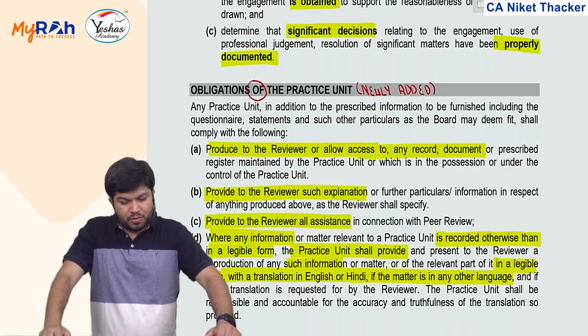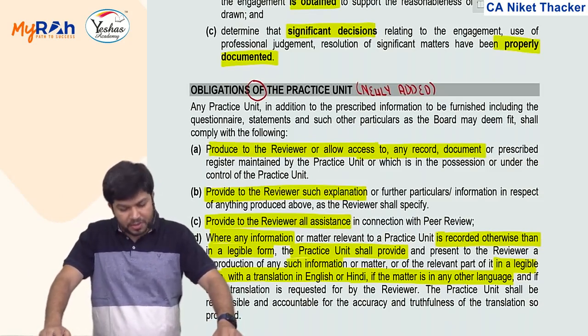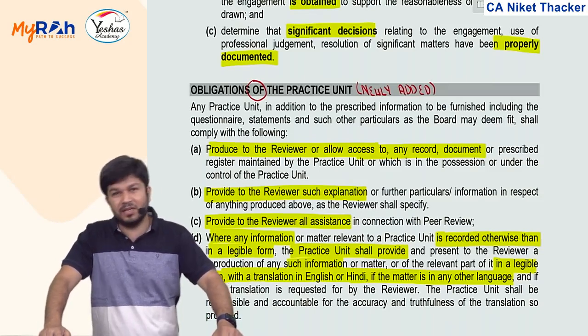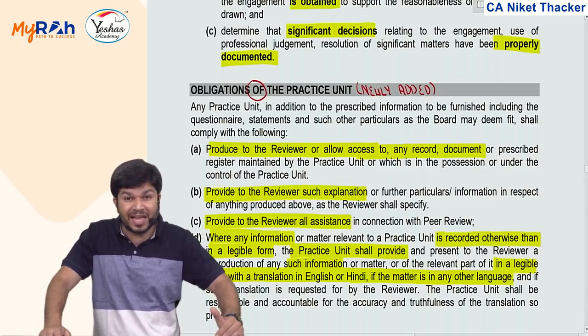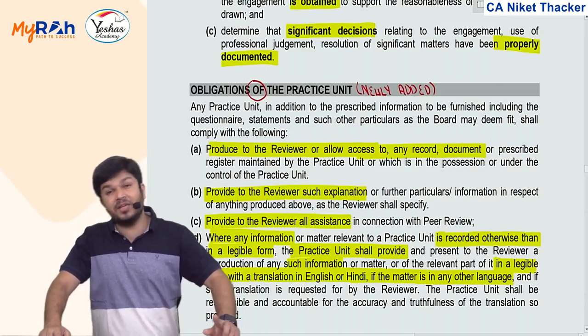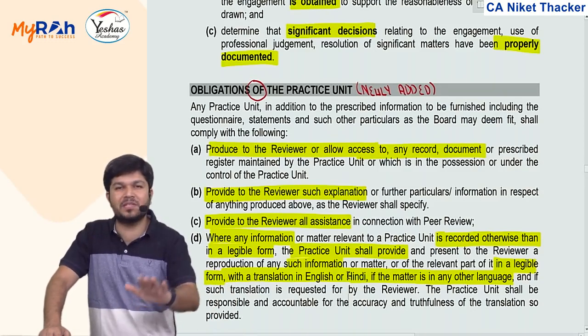So give access to all records and documents, give explanation whatever he needs, give him all the assistance. If something is other than in legible form, convert it into proper legible, readable form. If it is in a language other than English or Hindi, and if the reviewer wants it in English or Hindi, please convert and give it. Simple words, support the reviewer.